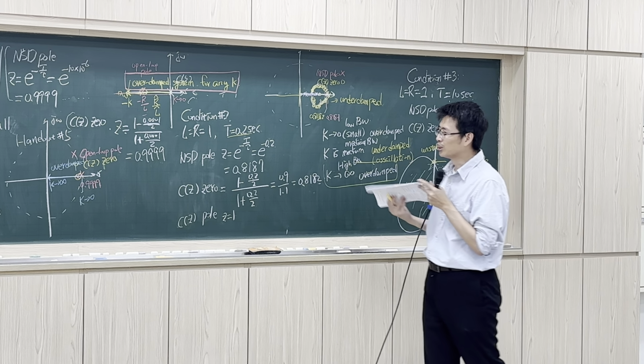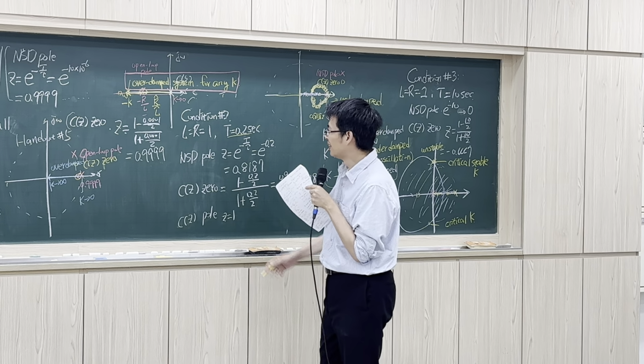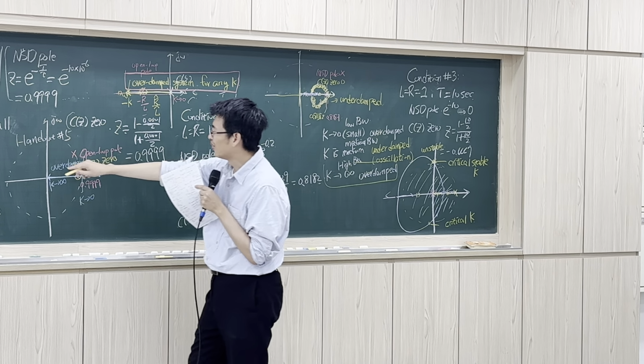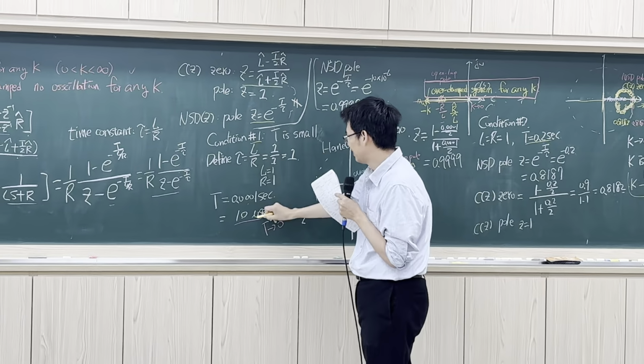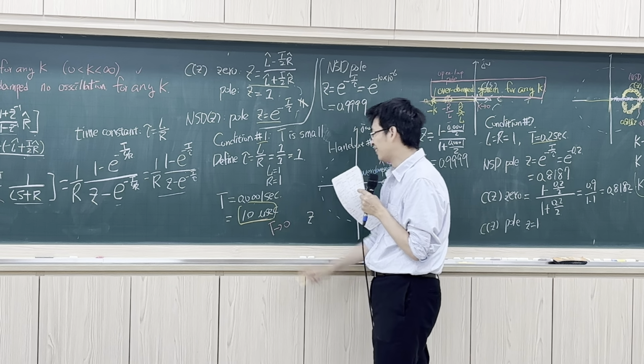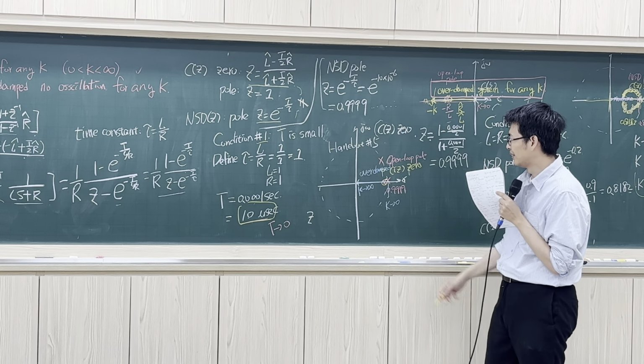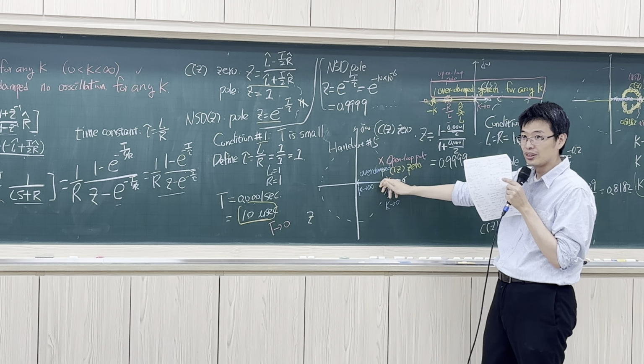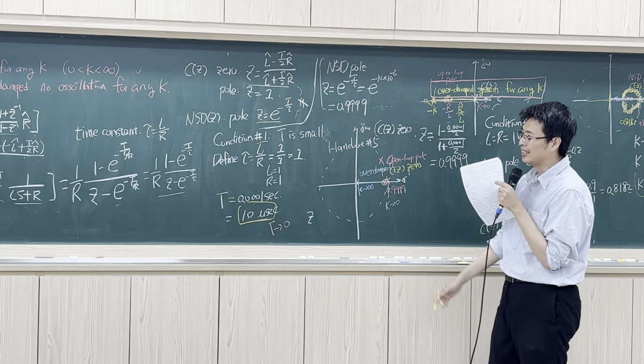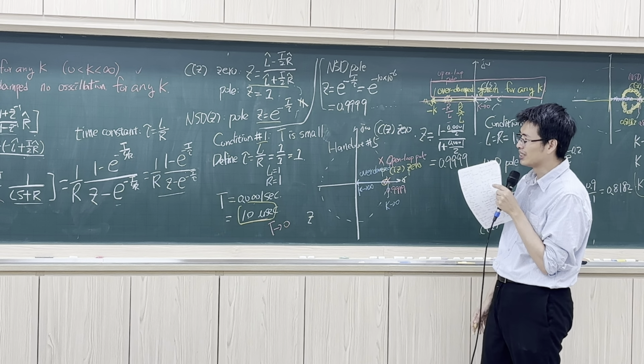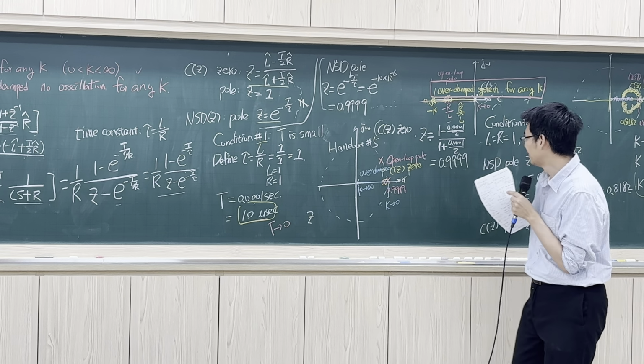So when you use method number 1, condition 1, 10 microsecond sample time, pole-zero cancellation is okay. Linear approximation performance is similar to continuous time.